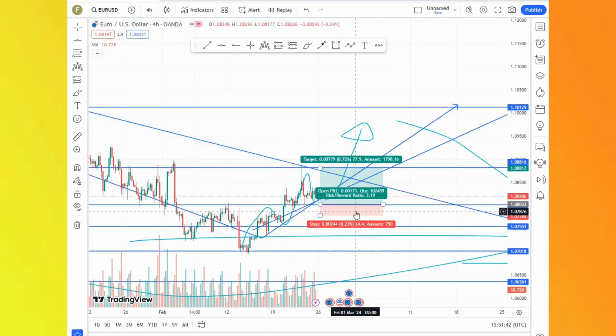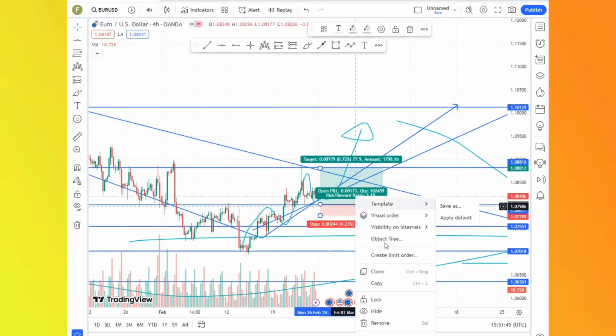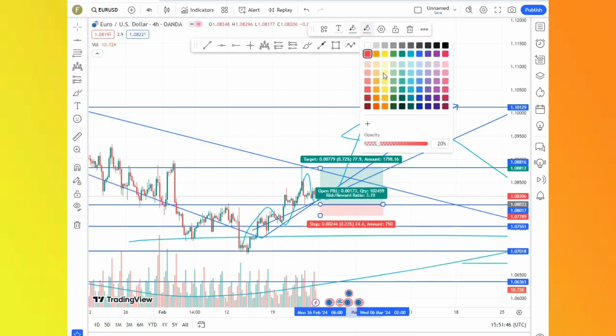This is a bit light, guys. Let me change the colors for you to see properly.